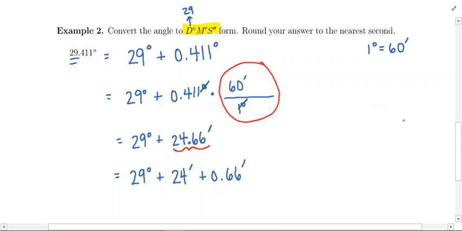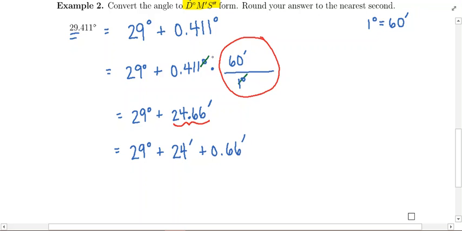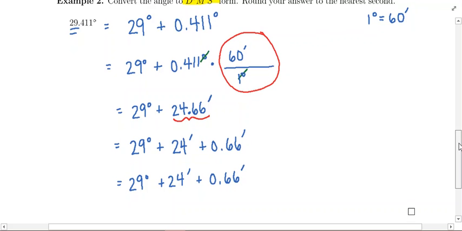Now we're going to multiply by another conversion factor to bring in the seconds. So next line we still have 29 whole degrees plus 24 whole minutes plus, we're going to rewrite this, 0.66 minutes, and multiply by the conversion factor.